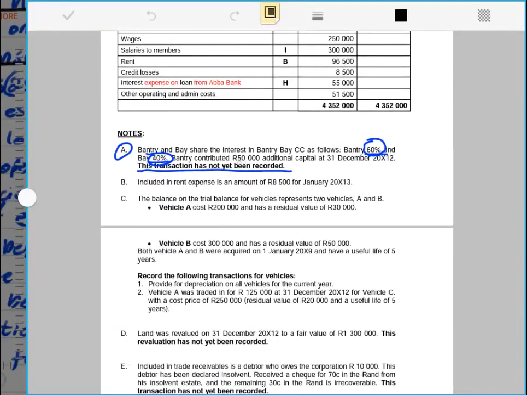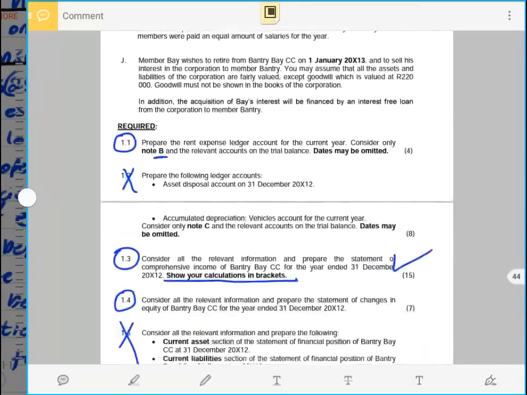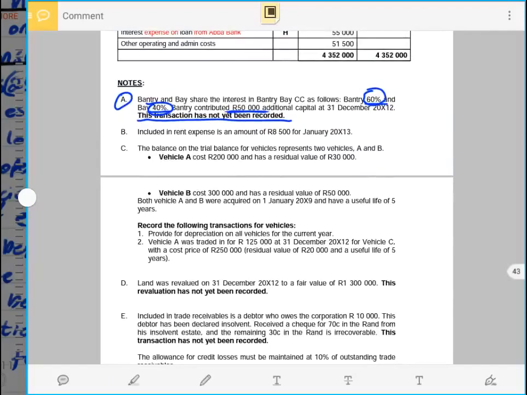Then after, we also have to record the 50,000 of the member contribution that was made by the end of the year, which is not yet recorded. So now we just have to record the 50,000 rands in that statement, and the member who contributed is Bentley.